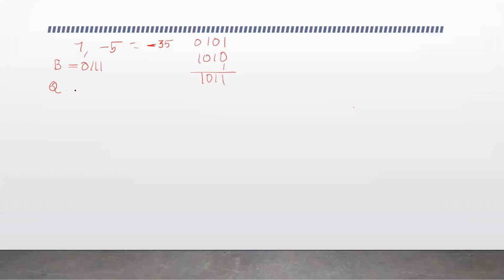So Q is minus 5. As it is negative, we have the 2's complement representation, 1 0 1 1. This is Q, our multiplier. This is our multiplicand and this is the multiplier.